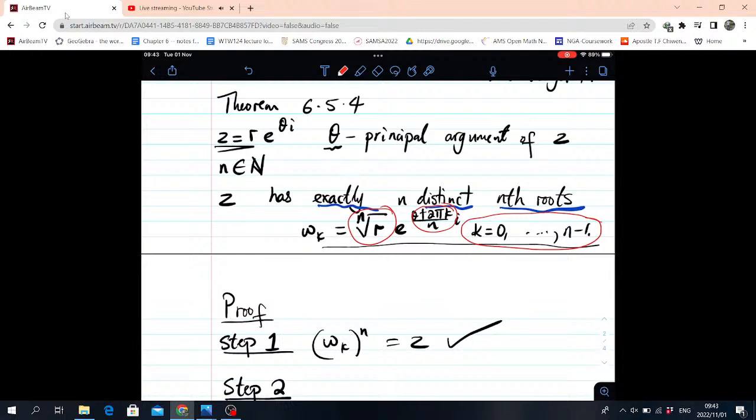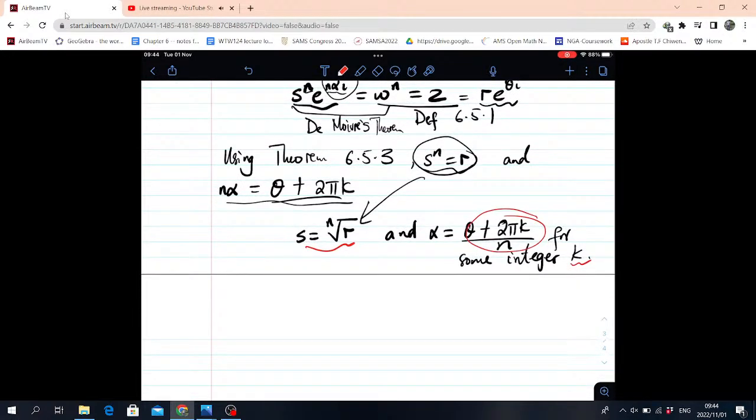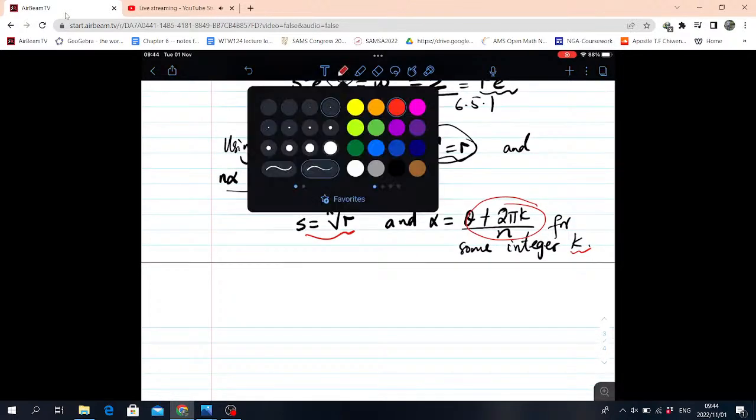That is, the k is not just an integer, but it can be taken from 0 up to n minus 1. That is what is left. The rest, we have managed to show that if w is an nth root, then that part is fine. What is left is to show the last part, which is to show that k has to be in between these integers 0 and n minus 1. Right. So let's now see how we do that.